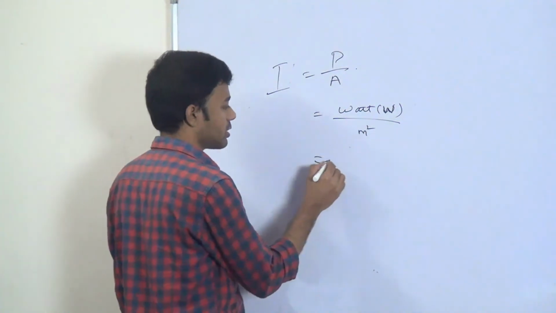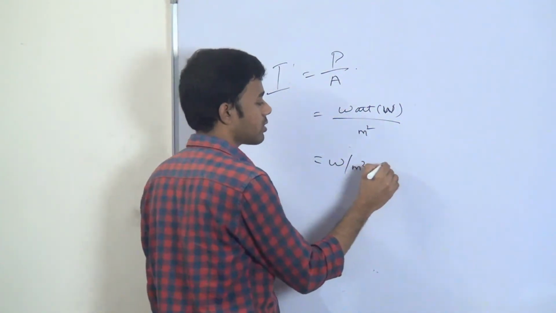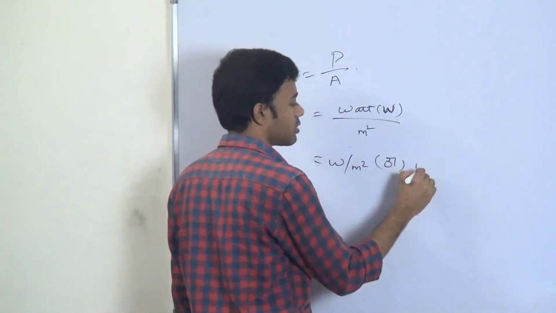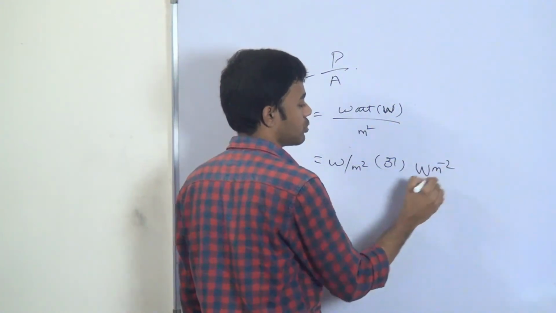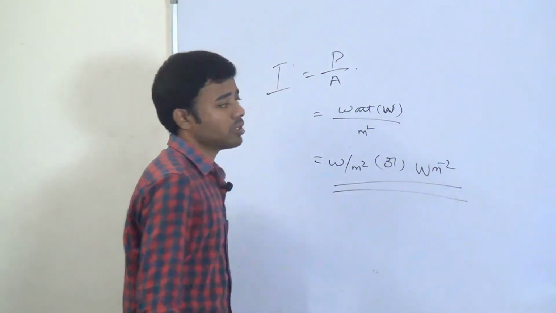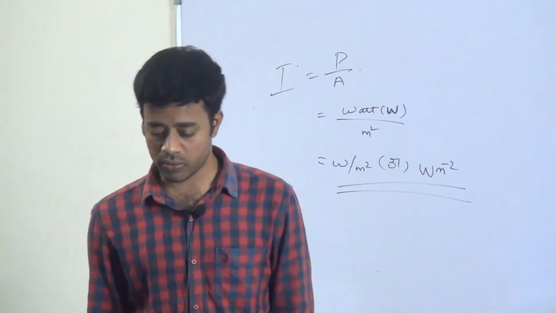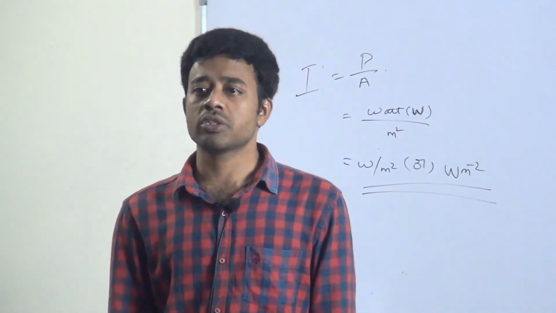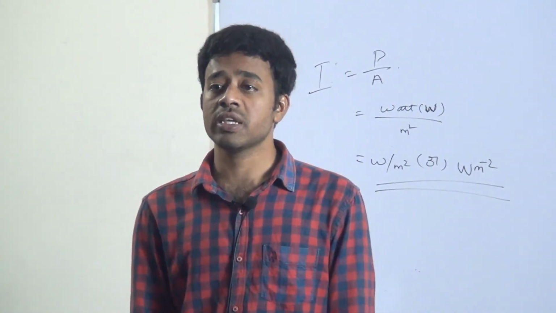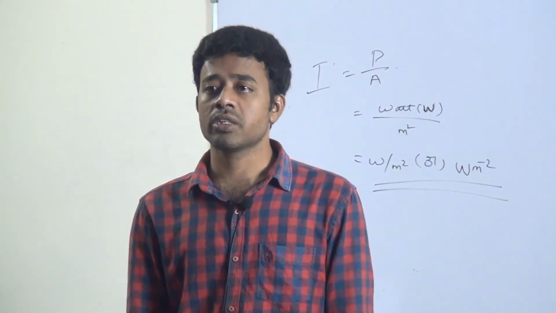So it is watt per meter square, or watt meter power minus 2. This is the unit of intensity of a wave. So it is option C, which is watt meter inverse square.